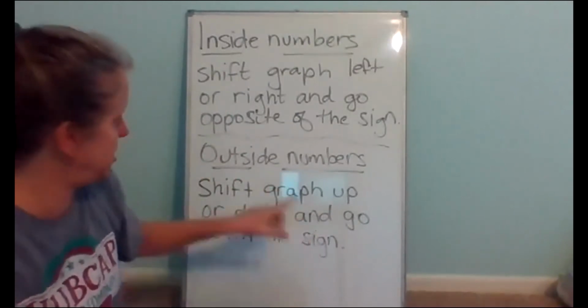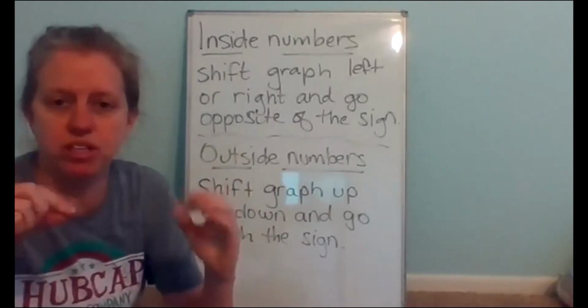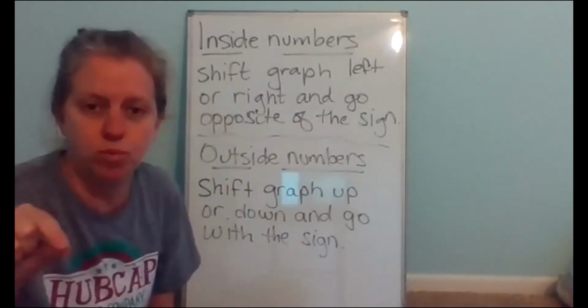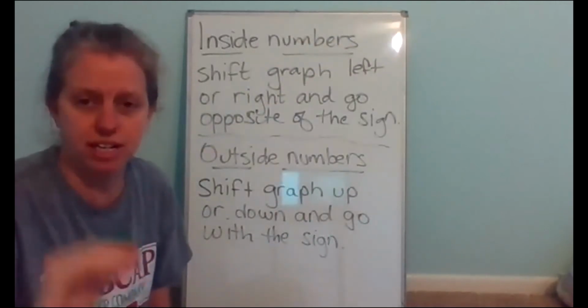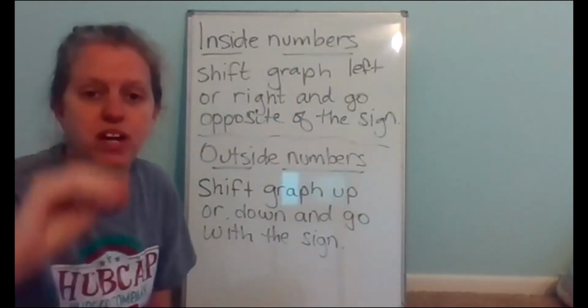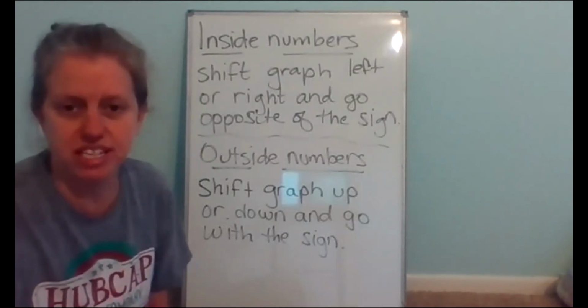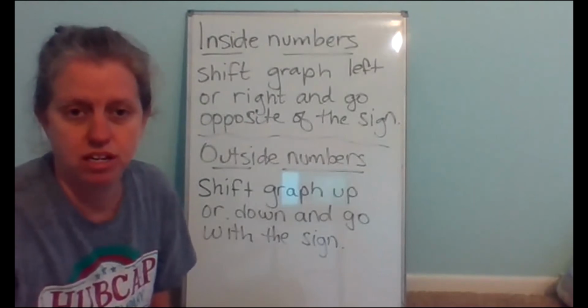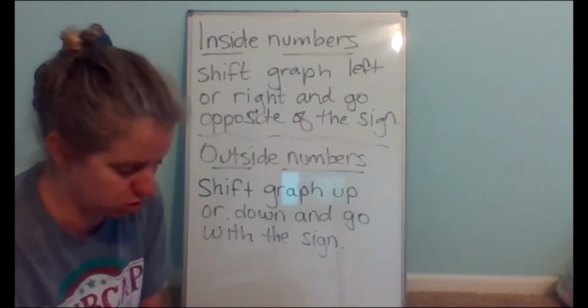And I'll show you what that means here in a second. The outside numbers, which are numbers that are not in the parentheses or not in the square root symbol, they're outside of it, are going to vertically shift the graph or move it up and down. But you're going to go with the sign on those. Okay? So let's talk about what inside and outside numbers are.